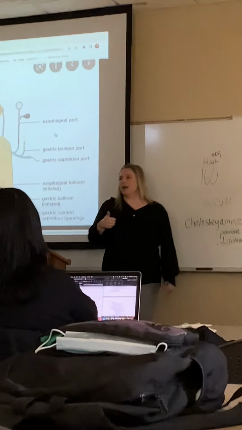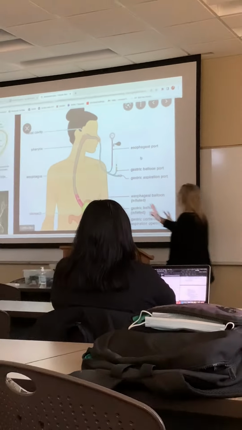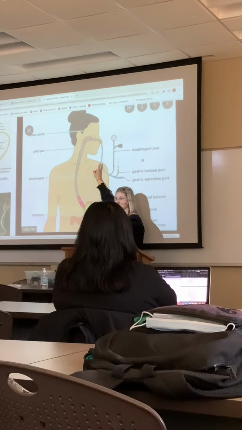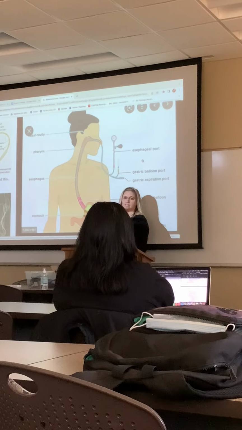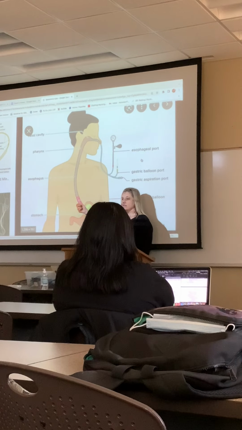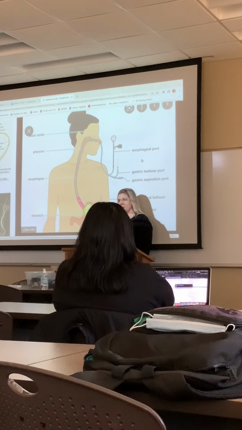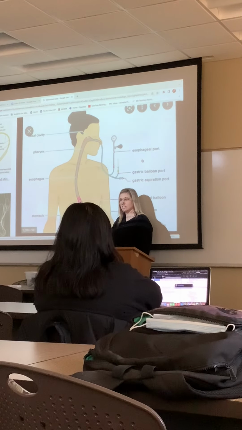But if they migrate up and the patient's starting to have respiratory compromise, they want you to cut the tube. Because what is the tube going to do if you cut it? Right here, what if you cut this? What if you have the scissors? It's going to deflate these balloons, and they're going to pull it out, because they want you to breathe. What's priority? Airway, then breathing, and then what comes third? Circulation.